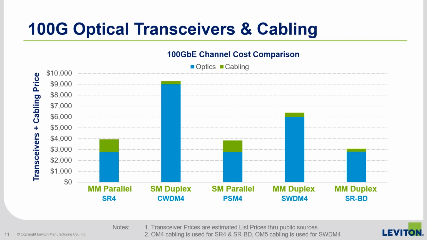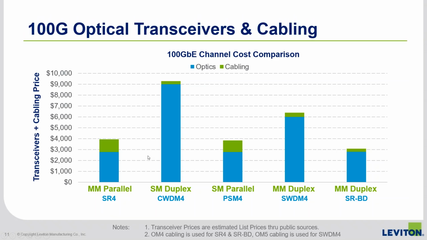Next, I want to take a look at cabling, the overall cost of a channel. Obviously one of the important factors in deciding what technology to use is the cost. So we've taken a look at the 100 gig side and the full channel cost. This looks at some of the common technologies that are available today in the market.